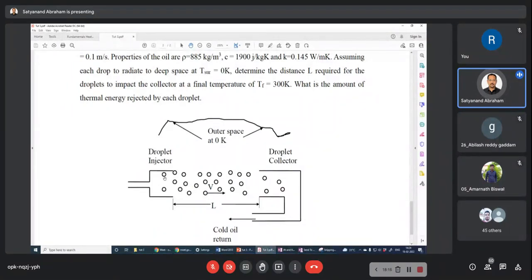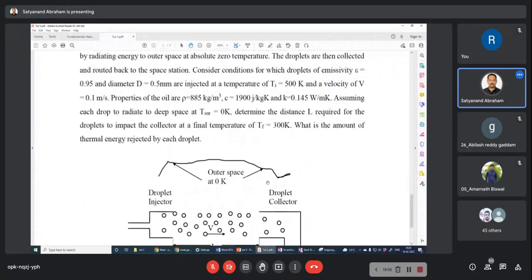Since it is a droplet, the surface area is going to be very high, so the heat is rejected to space by radiation as the droplets travel. We give a push at the inlet, so it is made into droplets and moves with a velocity v, and by the time it is taken to the other end, it is cooled. So that is the basic idea.